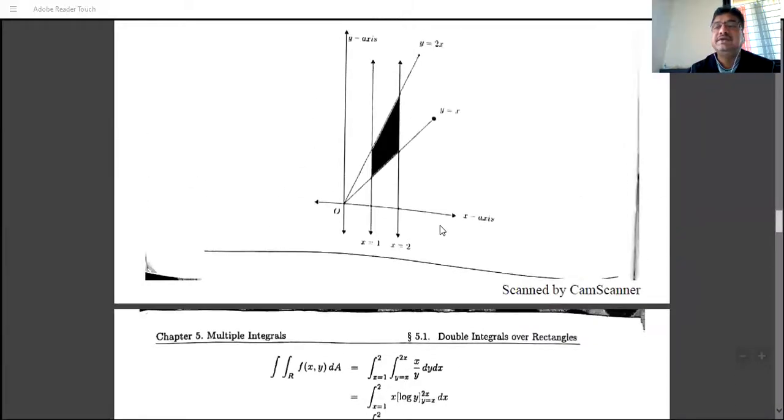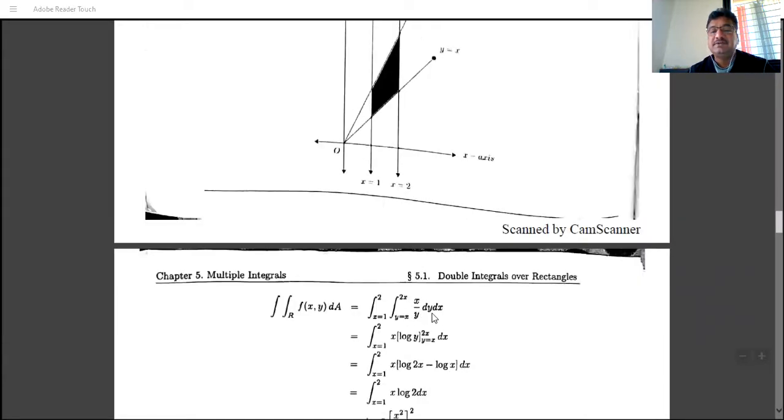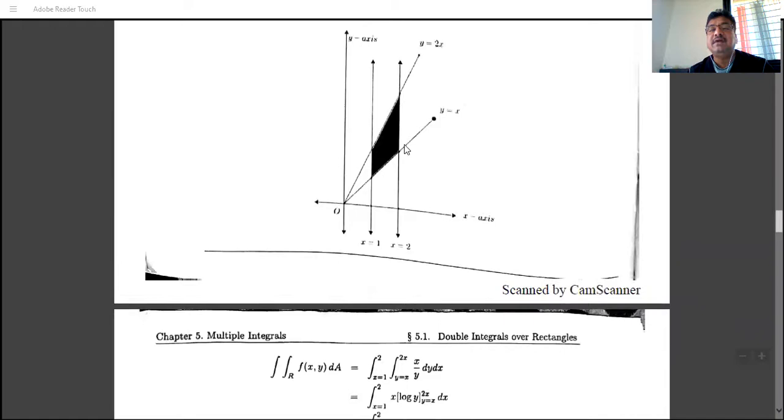So we can also integrate this with respect to x first instead of y. In order to integrate with respect to x first, draw a strip parallel to the x-axis, this horizontal strip.